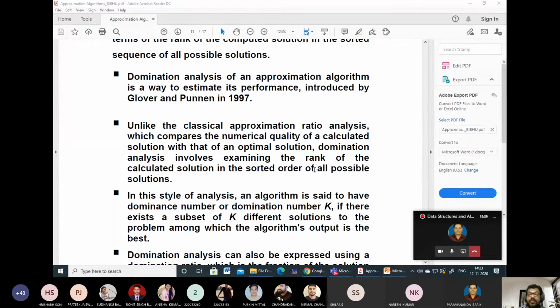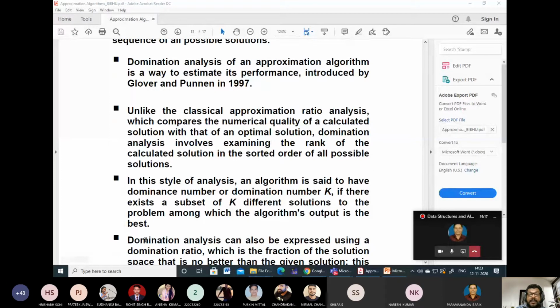But what this approach exactly tries to say, in this style of analysis, under this dominance analysis, we attach a number k. That means suppose you are proposing an approximation algorithm, another person has also proposed some approximation algorithm. Then instead of comparing the numerical value which is the output of the algorithm, I can designate them with k.